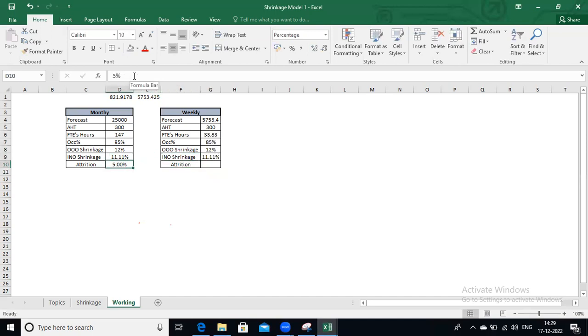Let's suppose it was 20% for a month. So same logic will apply here as well. That is close to 5%. 4.75%. Right. So let me reduce it.